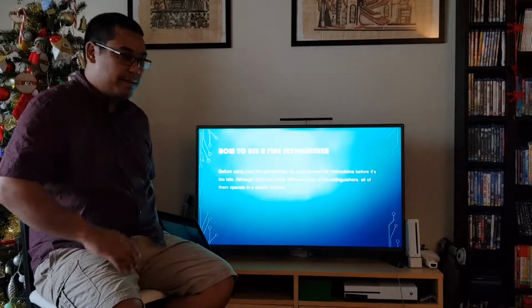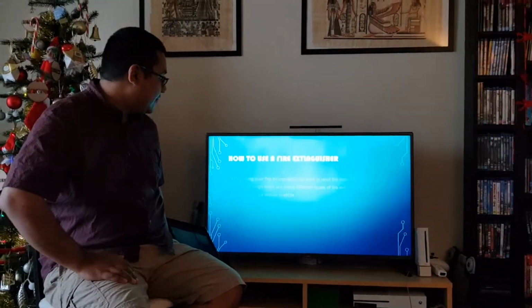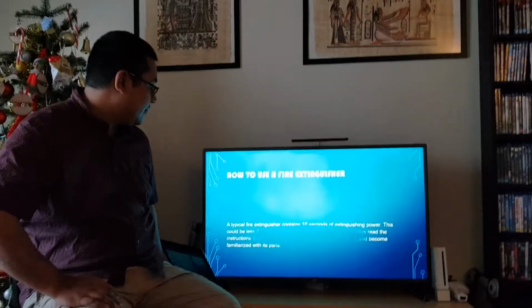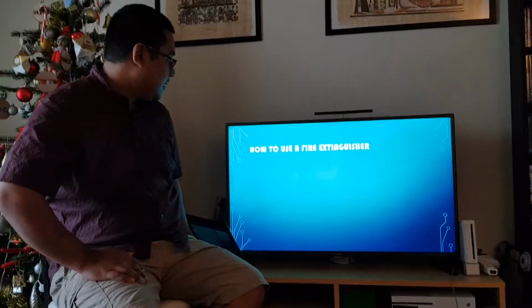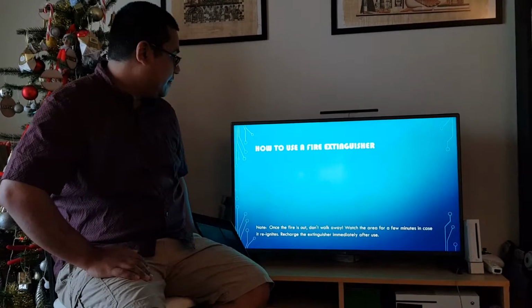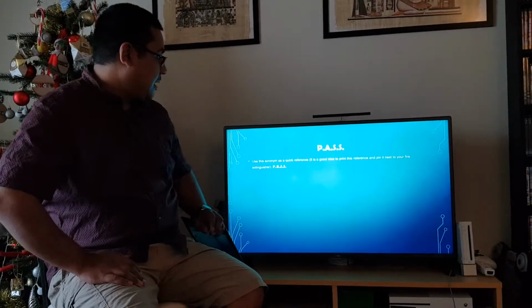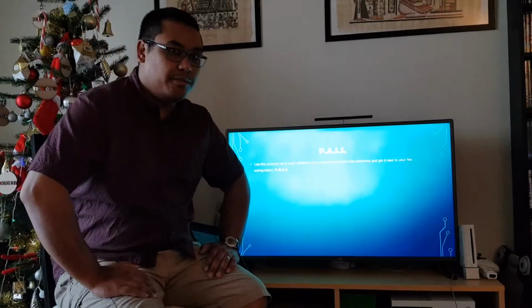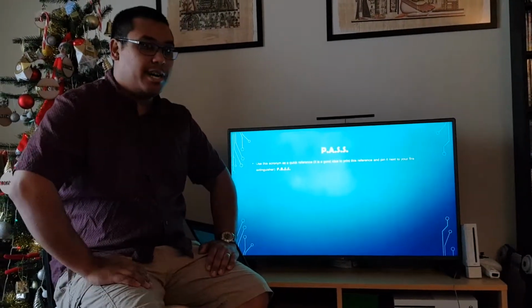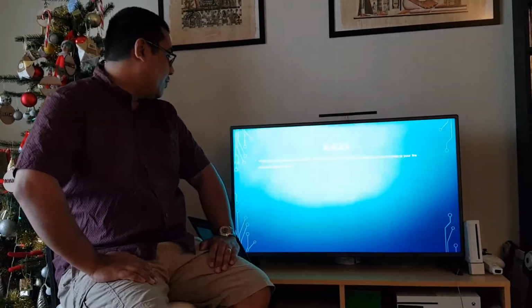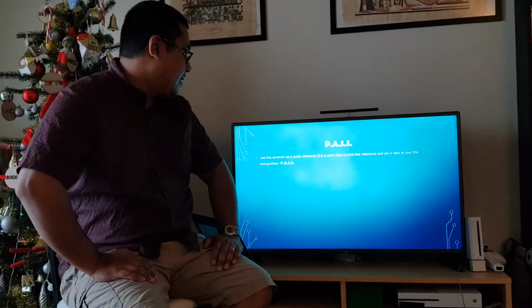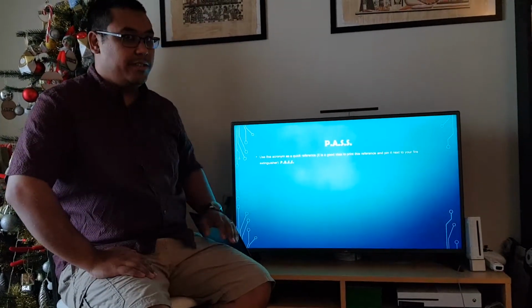This is what I talked about, the instructions. A good thing to remember is called PASS, an acronym for how to use the fire extinguisher.